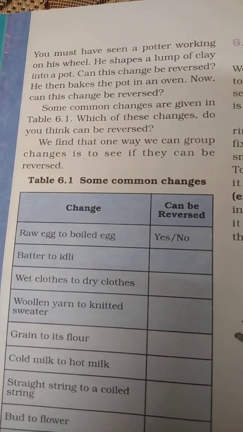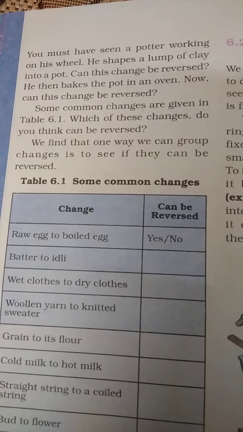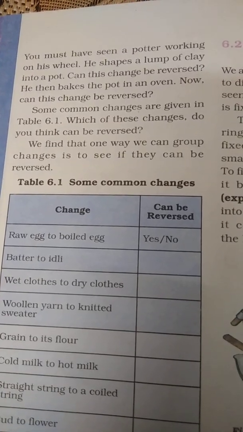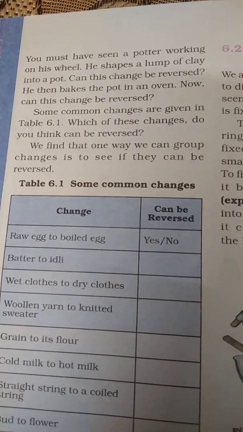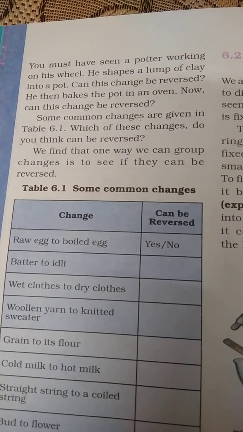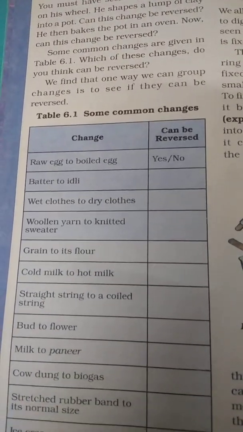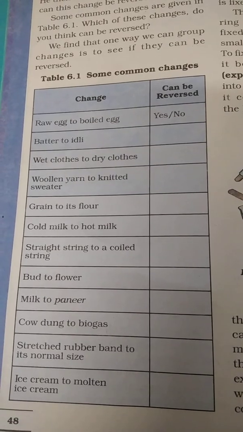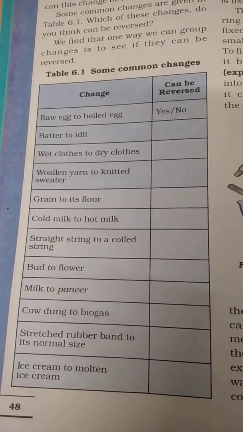Some common changes are given in table 6.1. Which of these changes do you think can be reversed? We find that one way we can group changes is to see if they can be reversed. In table 6.1, some changes are given for you. Go through it carefully and mark yes or no, whether the change can be reversed.